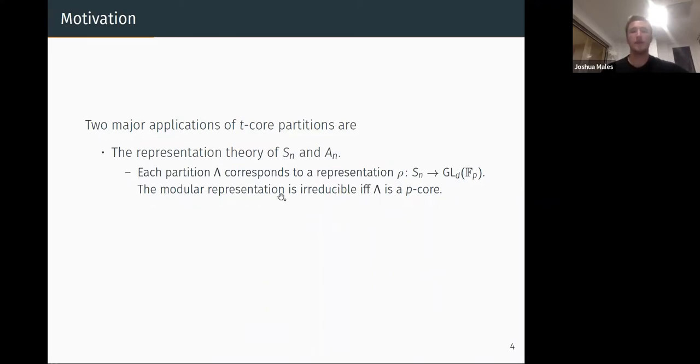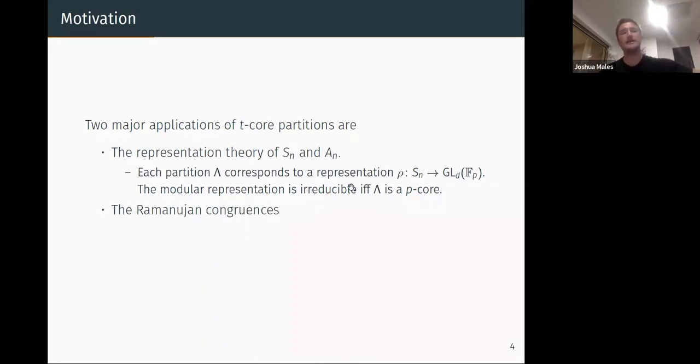And even better, we know that this representation rho is irreducible if and only if our lambda is a p-core, where this p is down here on your F_p. And this d is just some number; I think it looks like n factorial divided by the product of your hook lengths. So these are intricately related to the representation theory of your symmetric groups.